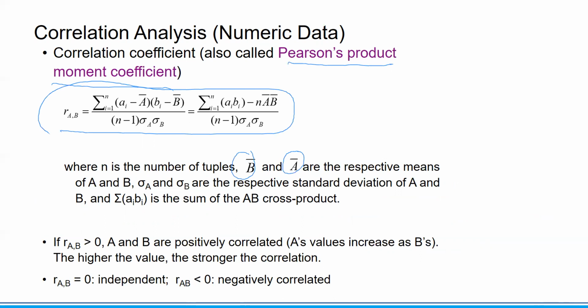We deal with the standard deviations of A and B, and the cross products of A and B. The result r is a value, and if it is higher than 0, then A and B are positively correlated. The higher the value, the stronger the correlation. If it is 0, then they are independent. If it is less than 0, then it is negatively correlated.